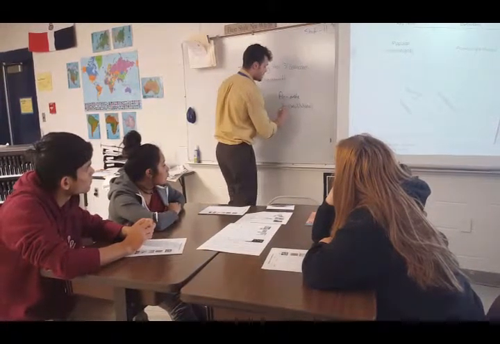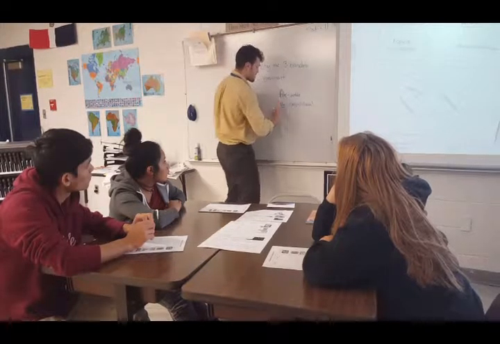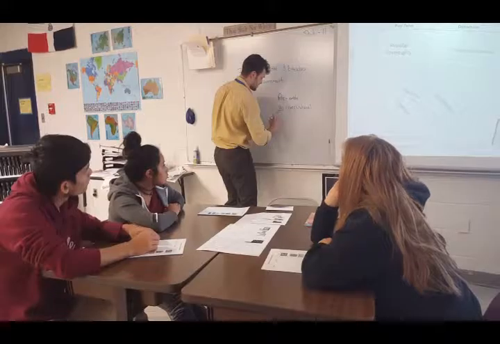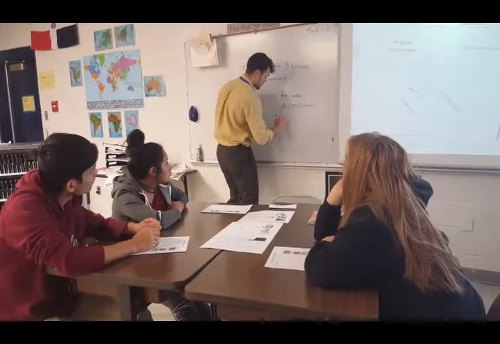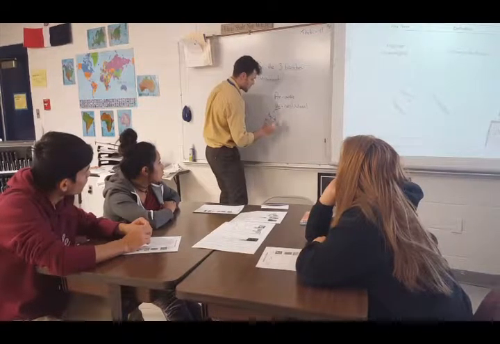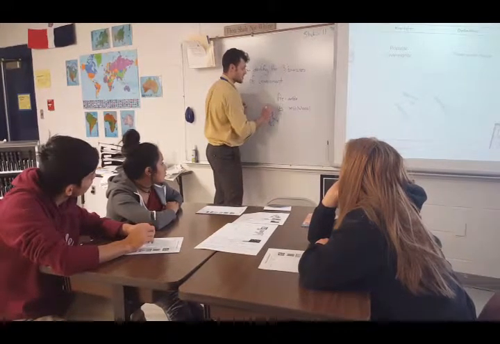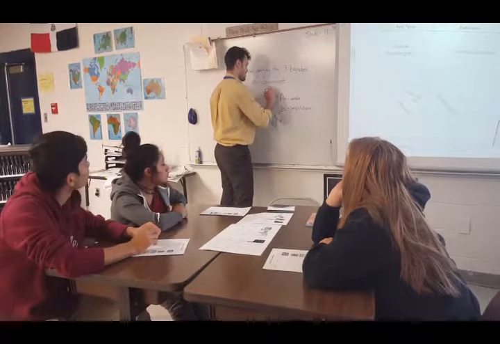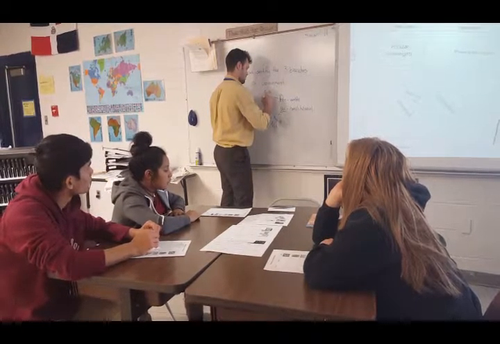If you see un, it means no, it's against. It's not going for. So un means against or not, and pre means first or before. Good.